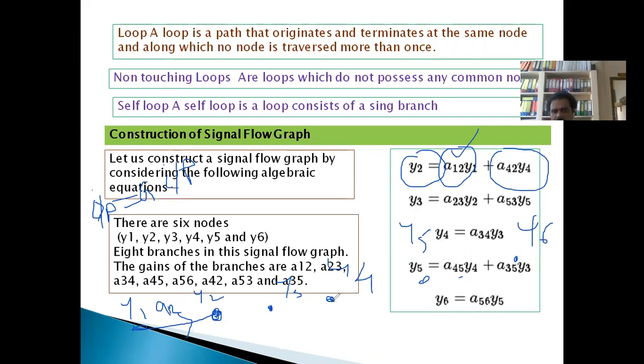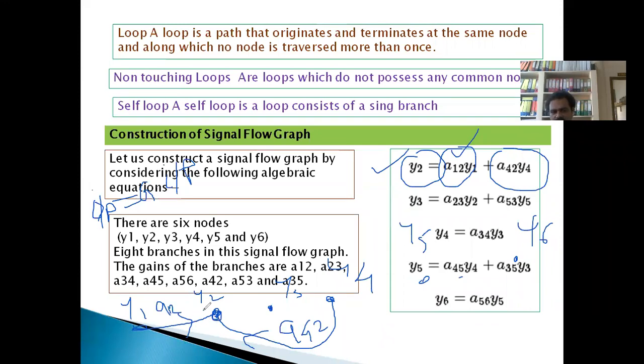From y4 there is a branch like this whose gain value is A42. So input y4 multiplied with A42 gives you y2. So the signal flow graph representation of the first equation is in this fashion.